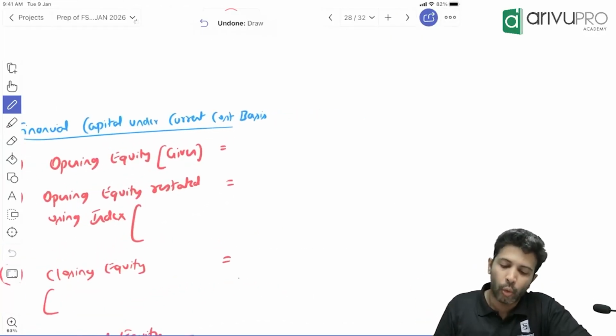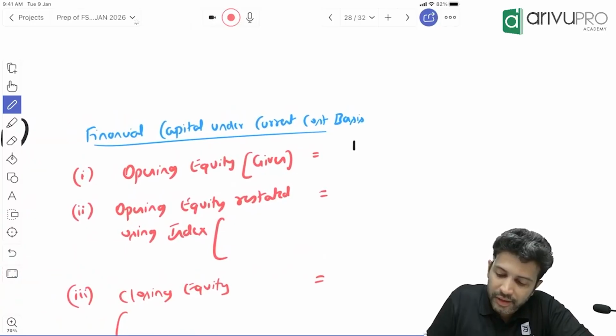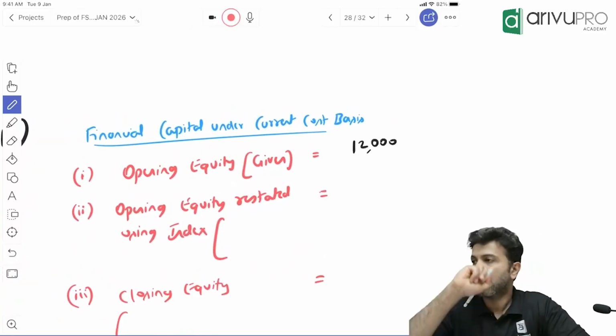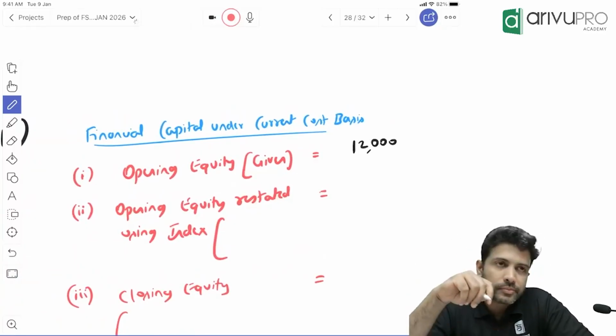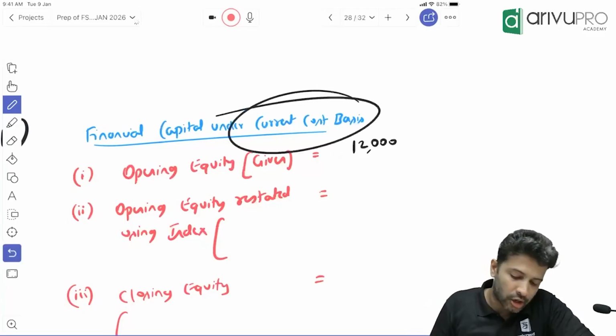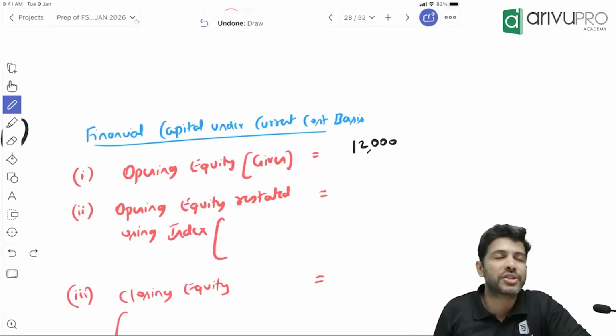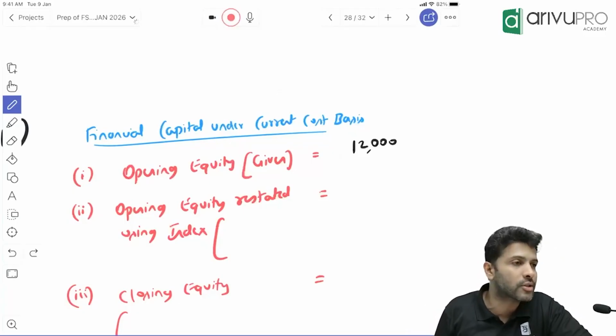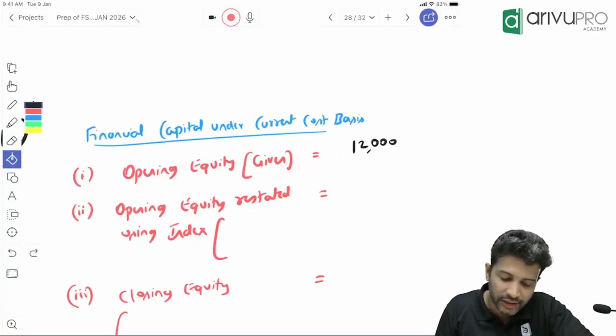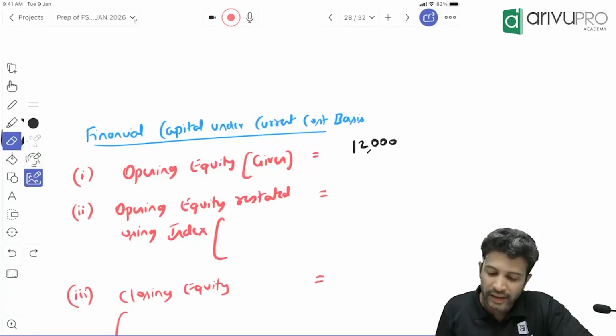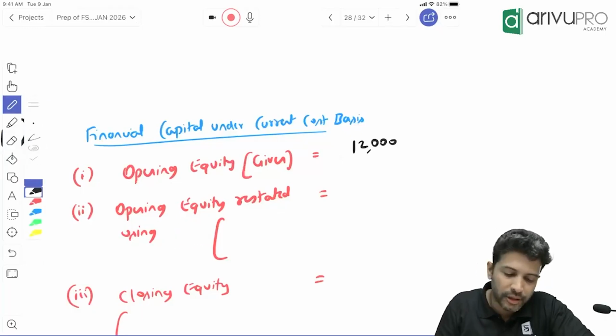First, what is the opening equity that they've given in the problem? 12,000. In current cost basis, the first thing we have to do is restate the opening equity using the index or the price. Here we are restating opening equity using price.